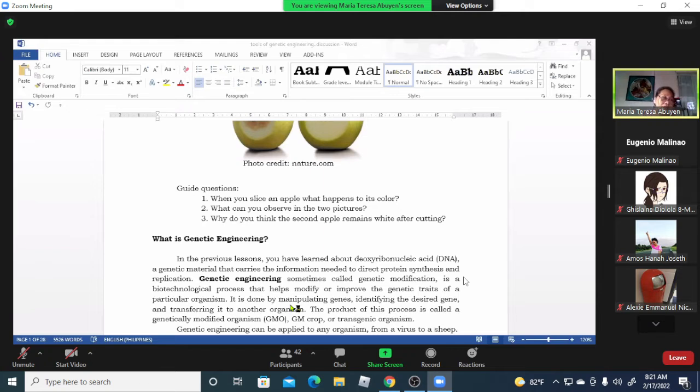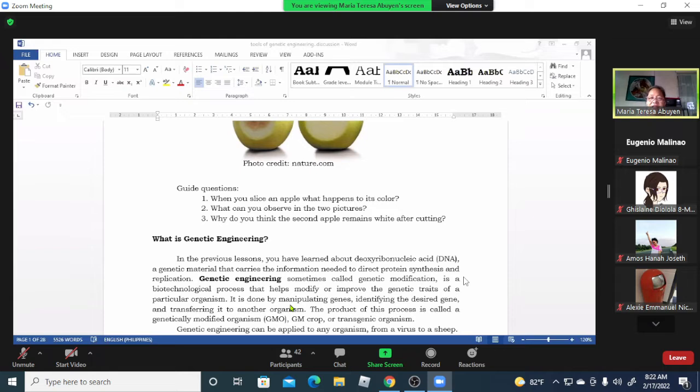The cells that result from mitosis will then form a new individual, a new organism. And in that organism, you can now find the desired gene that you want for your pet, or the desired characteristic that you want to see in your plant.